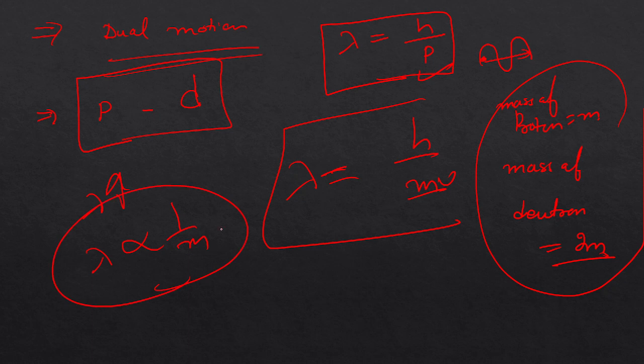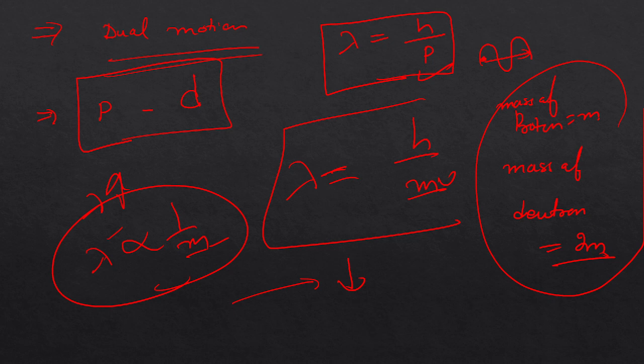Through this relation we can easily derive that the mass of the proton is small, so its wavelength will be longer, and the mass of the deuteron is large, so its wavelength will be smaller.